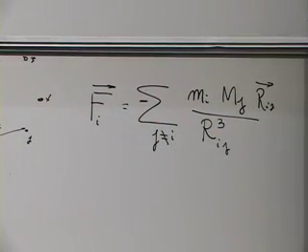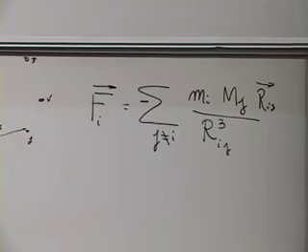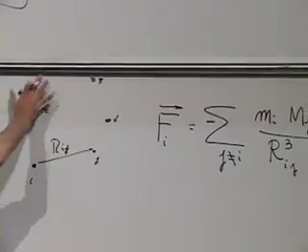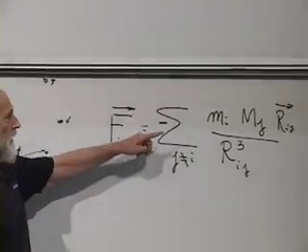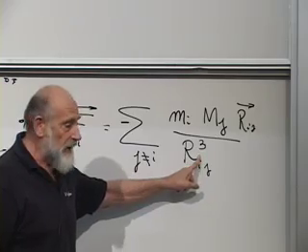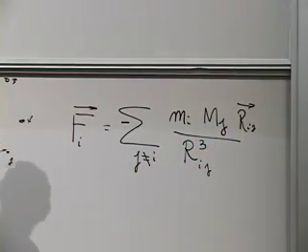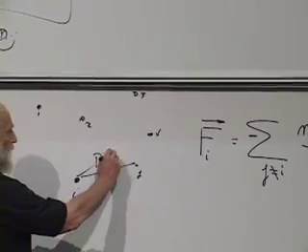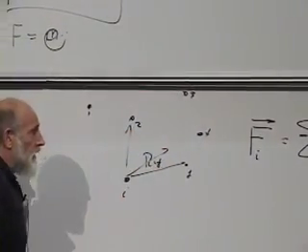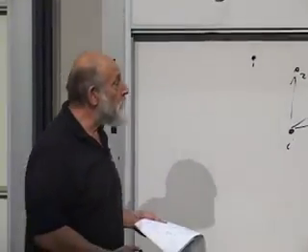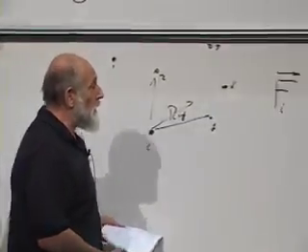All right, so that says that the force on the ith particle is the sum of all the forces due to all the other ones of the product of their masses, inverse square in the denominator, and the direction of each individual force on this particle is toward the other. All right, this is a vector sum. The minus indicates that it's attractive.